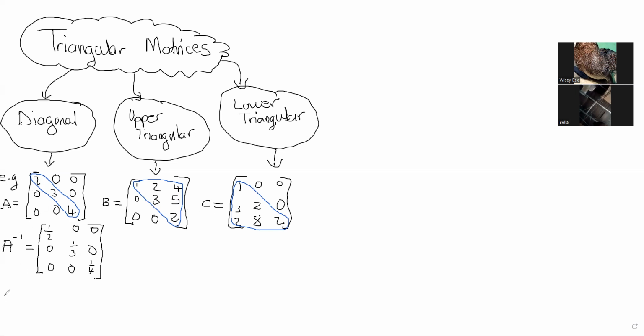And then A squared, for example, you want to take A squared or whatever number, A squared or A10, I'm just gonna use A squared. It's simple. It's just 2 squared, 3 squared, 4 squared, and then you insert your zeros.